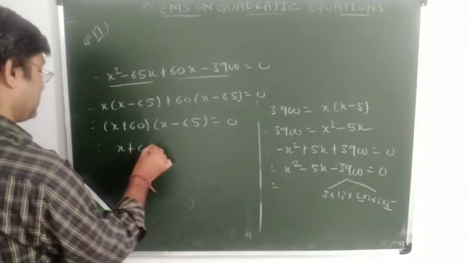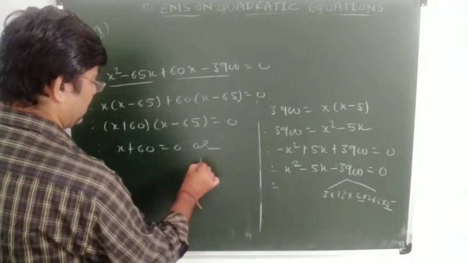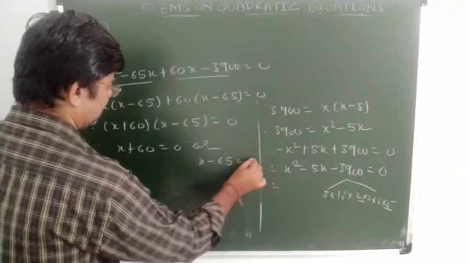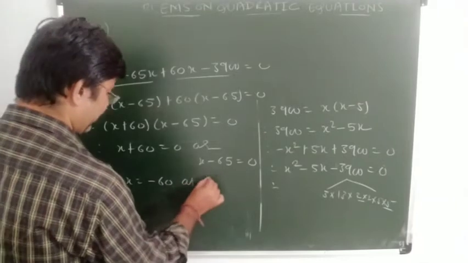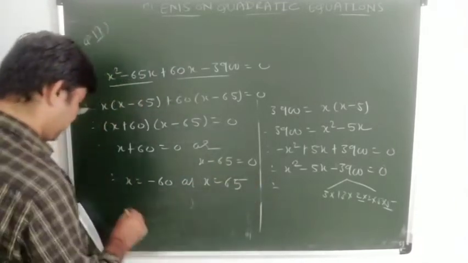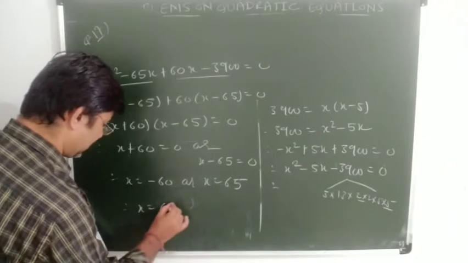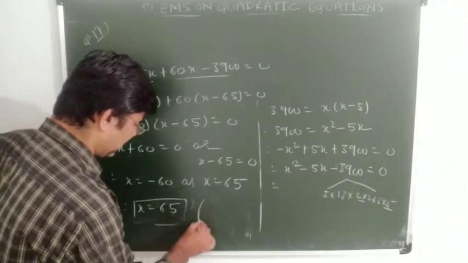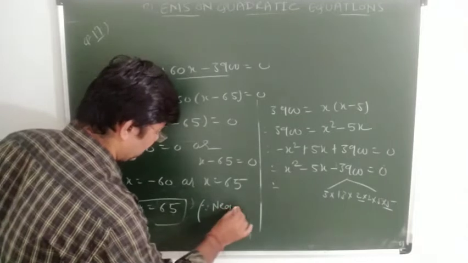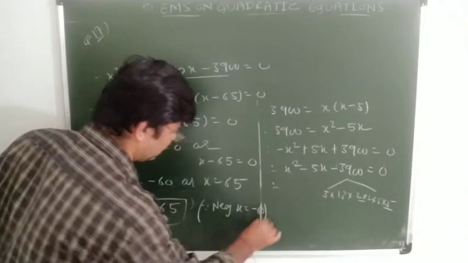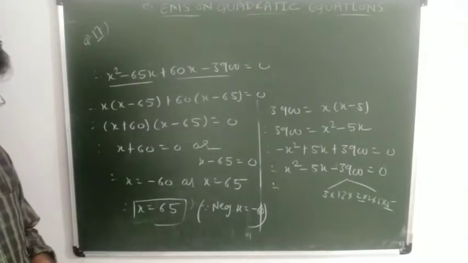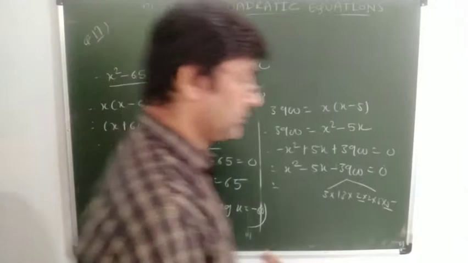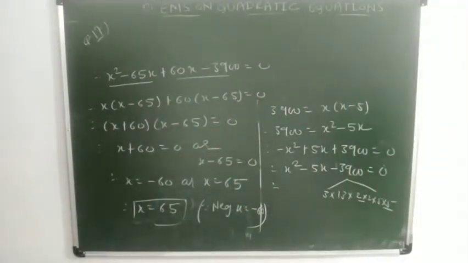Therefore x plus 60 equals 0 or x minus 65 equals 0, therefore x is equal to minus 60 or x is equal to 65. Therefore x is equal to 65, neglecting x equal to minus 60, as we will neglect the negative value. Here you are told to evaluate x, so we have got the value of x. So question number 17 is over.